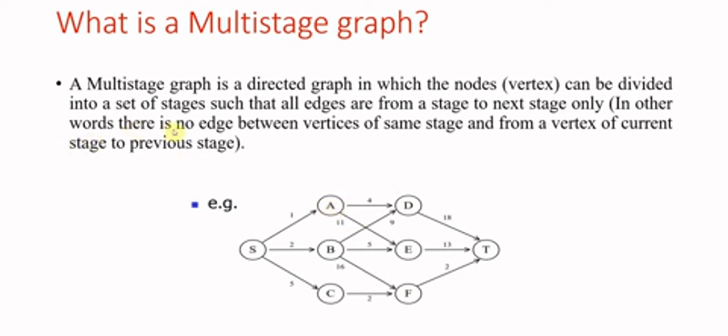In other words, there is no edge between vertices of the same stage, and no edge from a vertex of the current stage to the previous stage. So there are no edges among the vertices of the same stage, as well as no backward edges. So this is a good definition of a multi-stage graph.